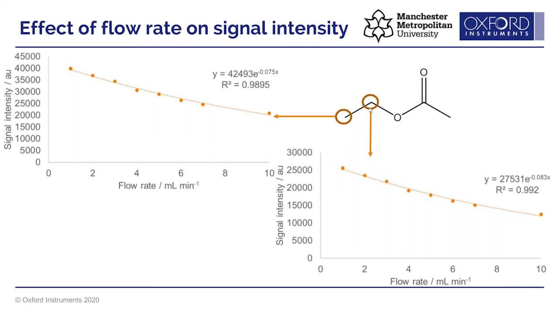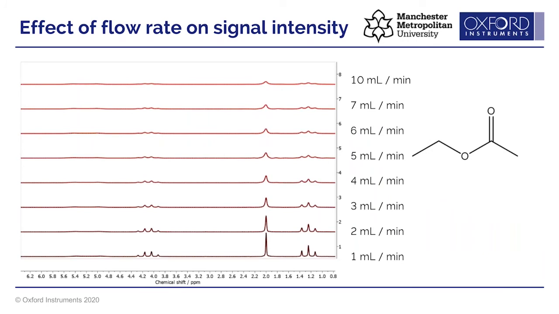In this next slide, I've taken a sample of those spectra that were used to generate the graphs on the previous slide. We've got 1 mL per minute at the bottom, up to 10 mL per minute at the top. In terms of the actual quality of the spectrum, we can see we're not losing any definition. We can still see this as a triplet up here, a singlet at 2 ppm and a quartet at about 4.1 ppm.